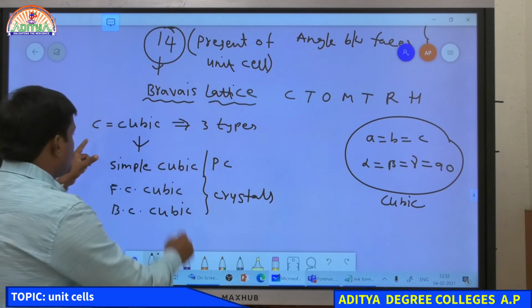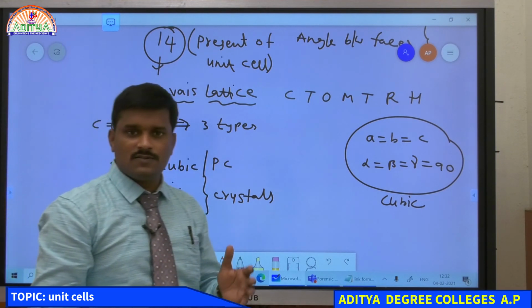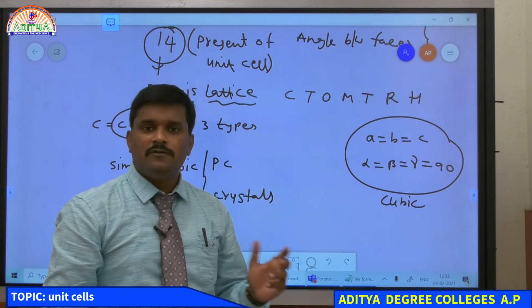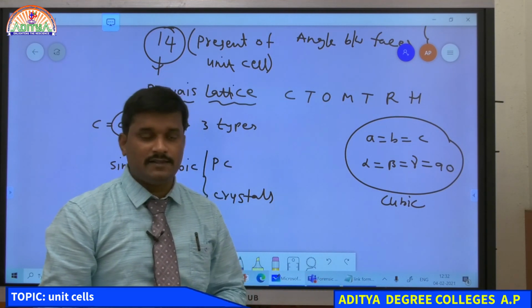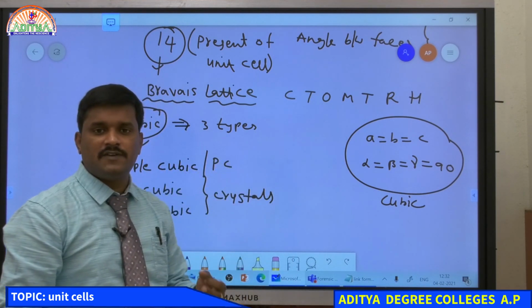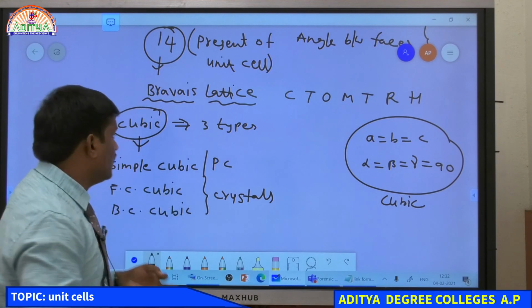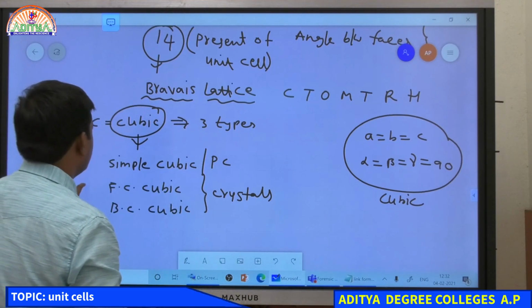Therefore, a cubic crystal contains 3 types of unit cells: simple cubic, face centered cubic, and body centered cubic. Therefore, the Bravais lattices for a cubic crystal is equal to 3.